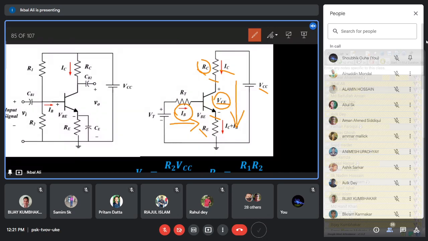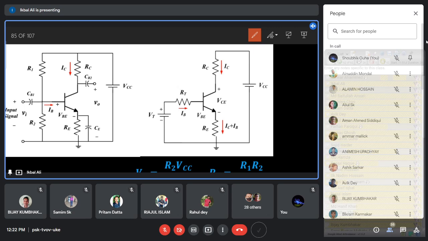Through the collector terminal IC is coming, and through the base terminal IB is coming, so the entire current flowing through the emitter resistance RE is IC plus IB. These are the currents and voltages applied across the transistor if you bias the transistor in this way, that is the self bias.